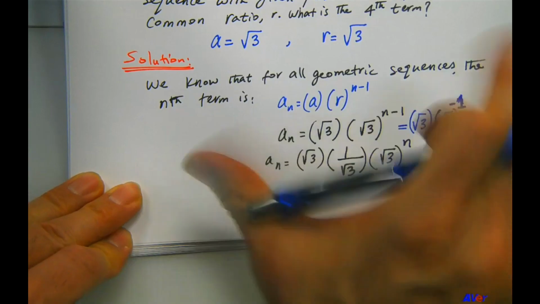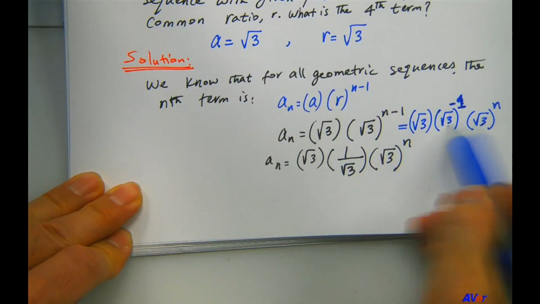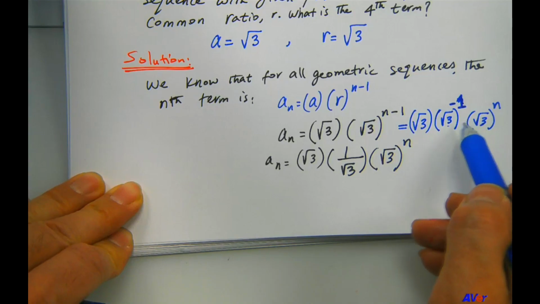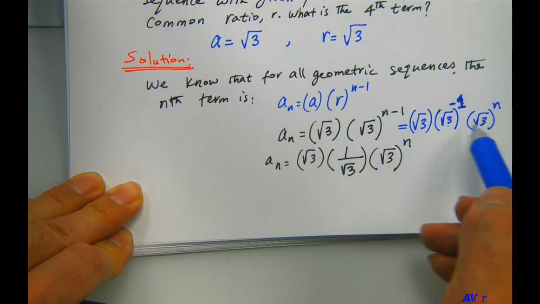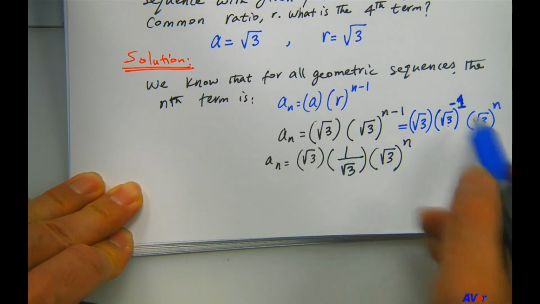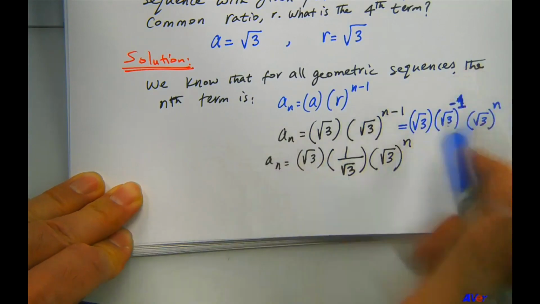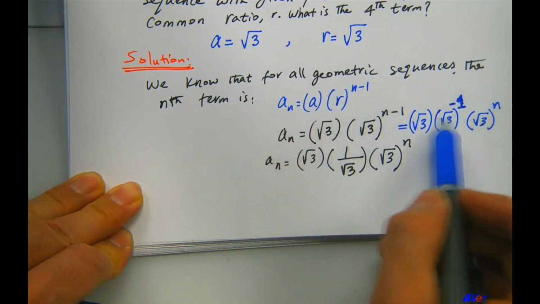You can split that because when the bases are the same, we learned this in Math 124 and Math 126, this is a property of powers. When the bases are the same, you can add the powers. So I split it, and now you have that and that.